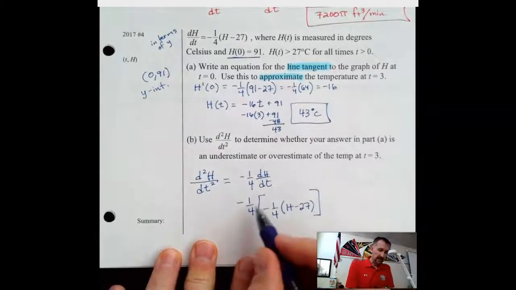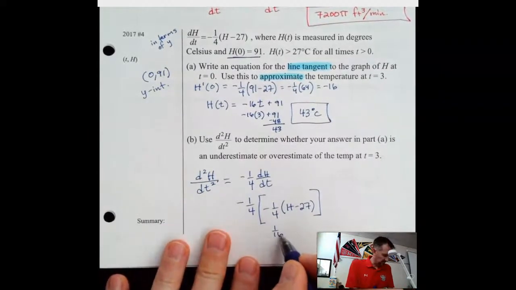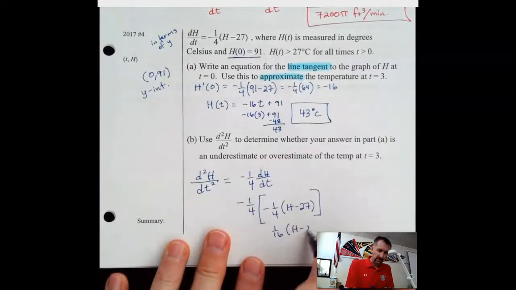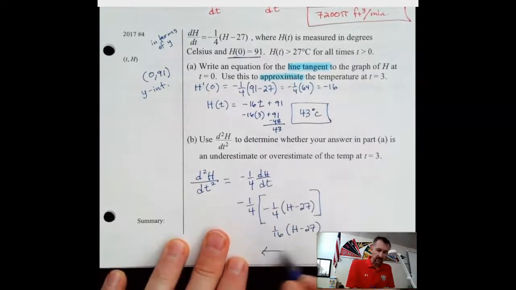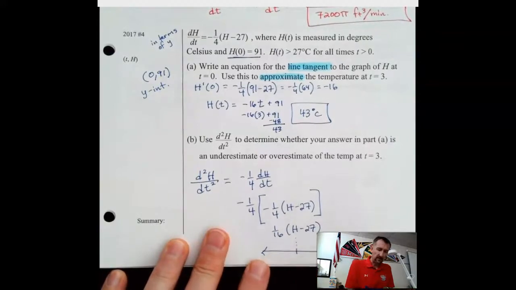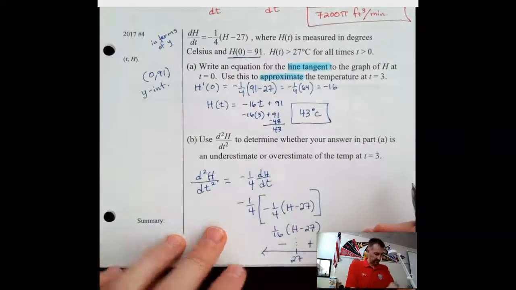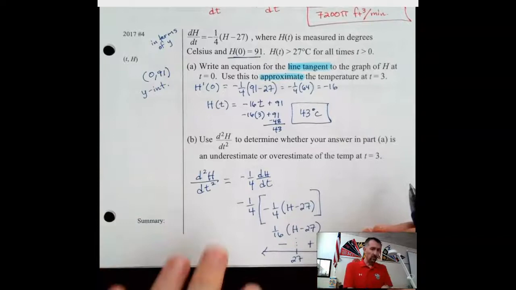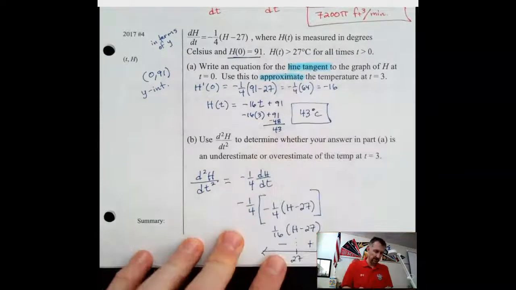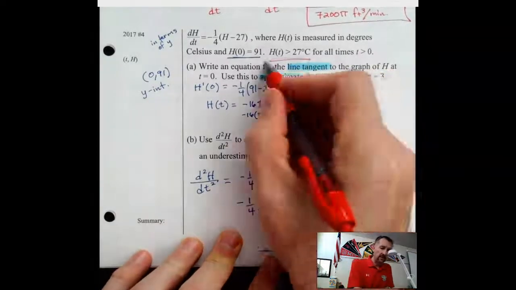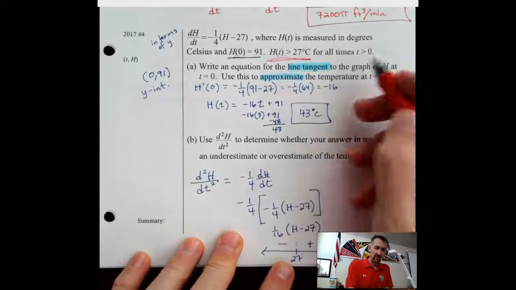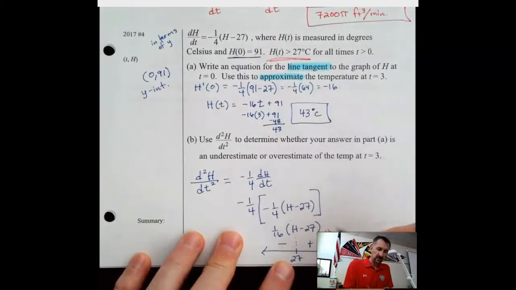Okay? And if we do that, that's 1/16 times h minus 27. And if we do a sign chart here with 27, if we put in 20, that's going to be negative, and this is going to be positive. So if we go back up to our question here, it said that h is greater than 27 degrees for all the times. So h of t is greater than 27 degrees.